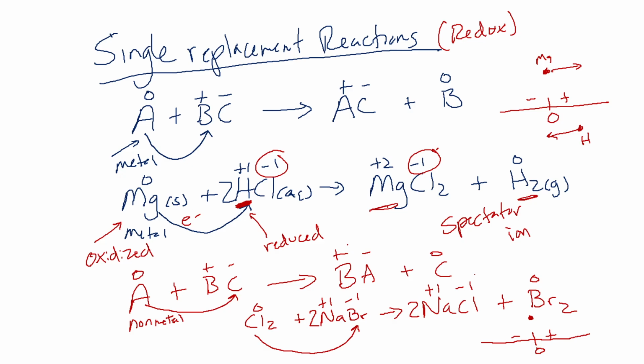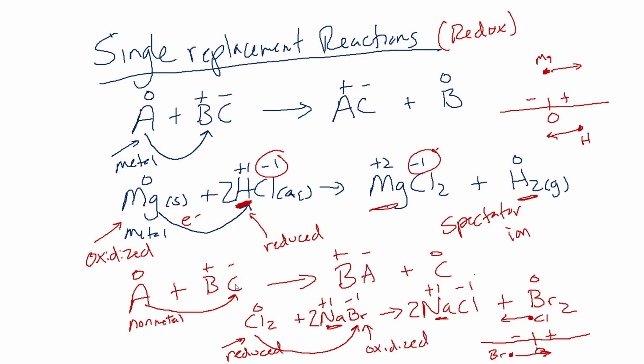Chlorine on the right is -1, it is moving in this direction, making it more negative, which means it is the chlorine being reduced. The sodium here is +1 here, +1 here. Actually, nothing happening with the sodium. It's actually the bromine here that's changing. The bromide goes from -1, and on the right hand side it ends up at 0, which means it's moving in the positive direction, and the bromide is actually being oxidized in this case.